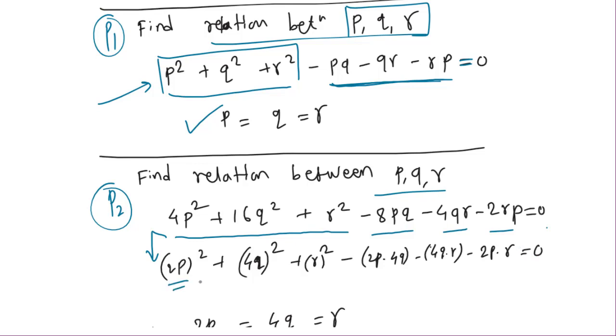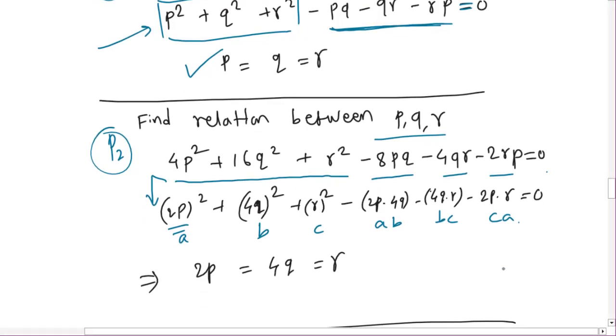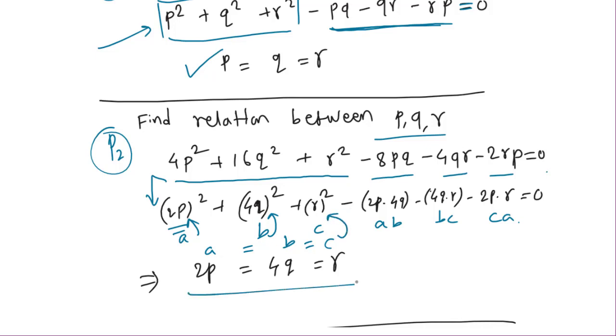So here you can say this is a, this is b, this is c, and here is ab, bc and ca. So from the above equation we can say that a is equal to b is equal to c, but a is given as 2p, b is given as 4q and c is given as r. So we can say 2p is equal to 4q is equal to r.